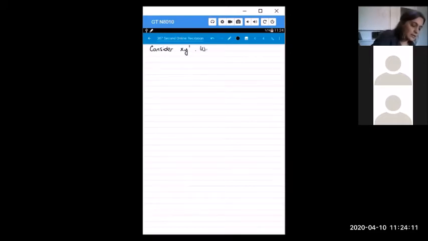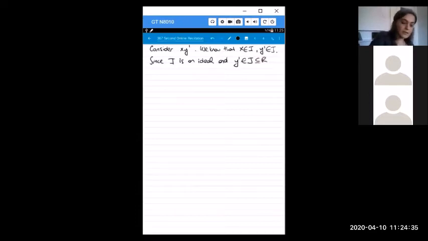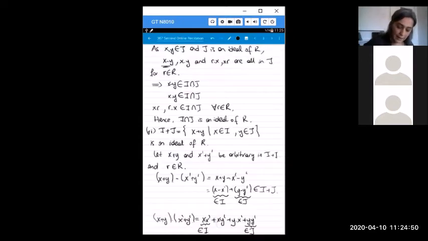We know that x is from I and y prime is from J. Now, since I is an ideal, and y prime can be considered as an arbitrary element from R, this means that x times y prime is an element of I. Of course, the other way around, we can consider it as an element from J. And the same thing applies here for y times x prime.